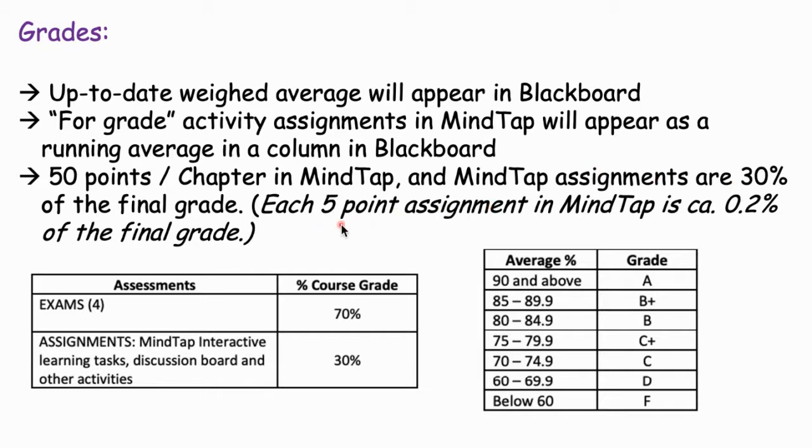So for a single assignment with 5 points, many of them are just 5-point assignments, it's about 0.2% of the grade. And then the bulk of our grade are the 4 exams, 70%. And there's our translation from averages to grades that you get at the end of our course.